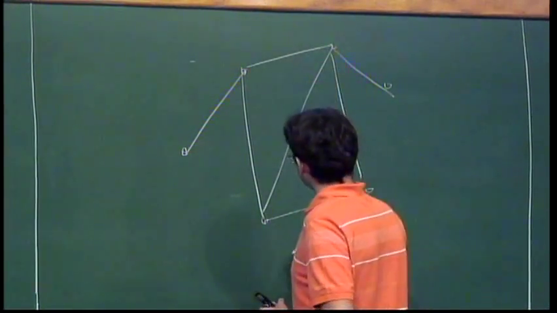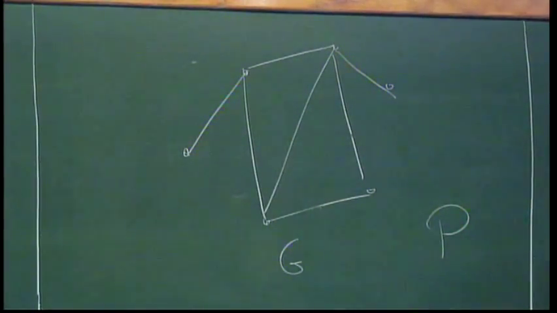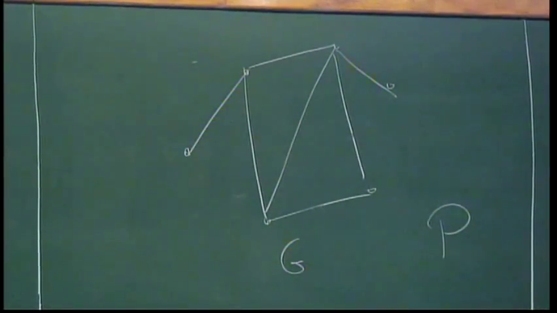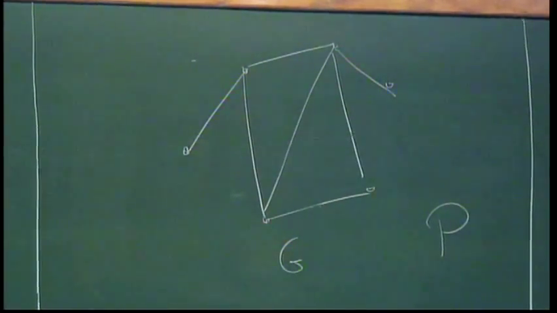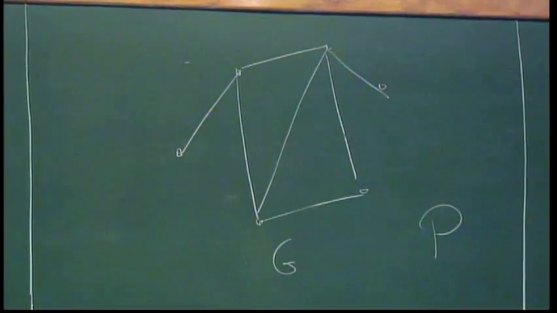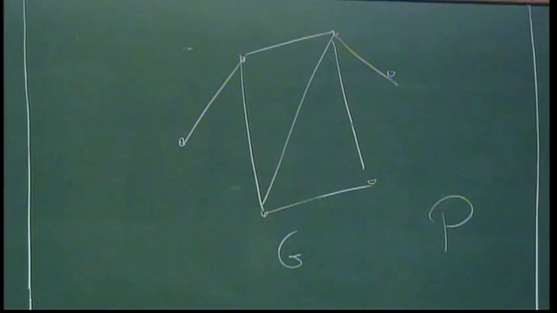And I have my graph G, and I have some family P, and this is a family of paths in G. These paths do not need to have any particular properties, just any family of paths. Usually, we are going to be interested in particular families of paths. So for example, you can consider all the shortest paths in the graph, but it doesn't have to be like that. You can just pick any family of paths in your graph. And from the graph and the family of paths, we are going to define a particular convexity C.